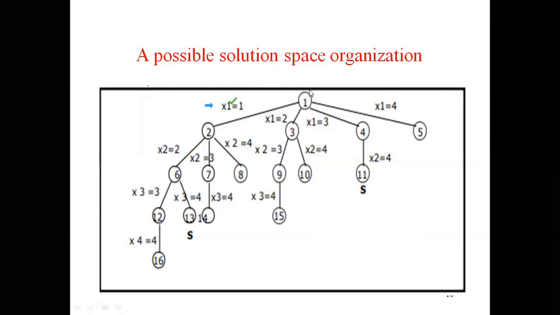Suppose from root node 1 to the leaf node 13, there is a solution space. Again from root node 1 to the leaf node 11, there is a solution space. By considering these weights on the edges, we are generating the solution space tree.